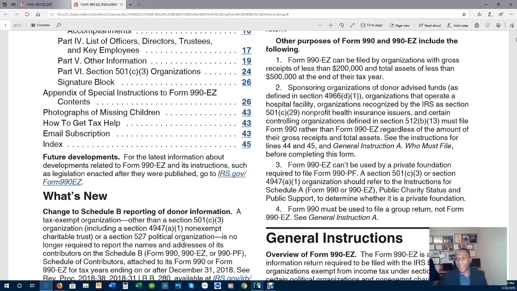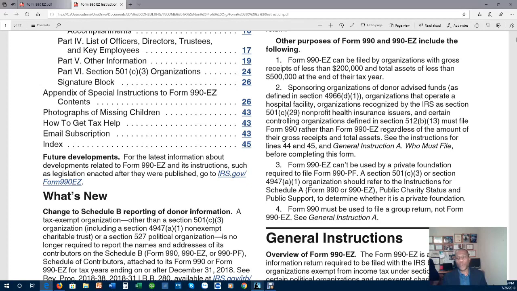Form 990 EZ can be filed by organizations with gross receipts of less than $200,000 and total assets of less than $500,000 at the end of their tax year, whether it be a calendar year from January 1st through December 31st, or a fiscal year starting anytime during the year and ending the following year.